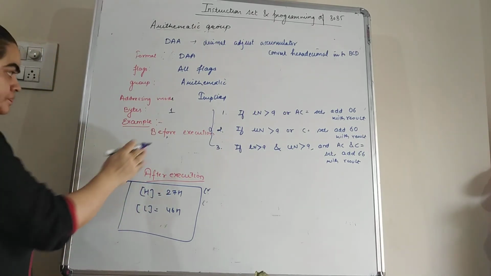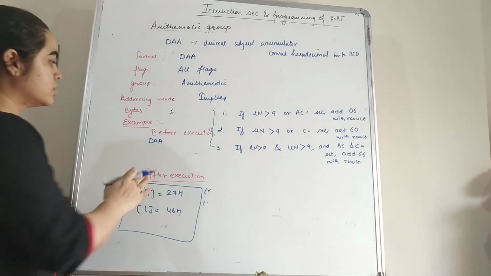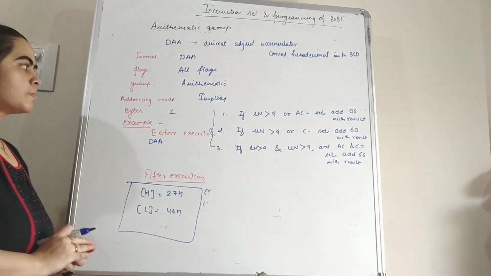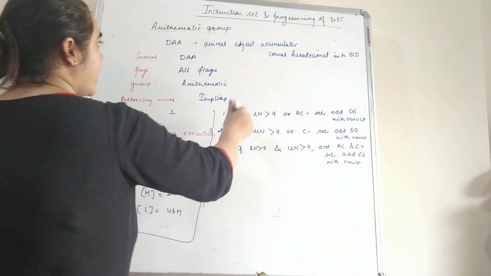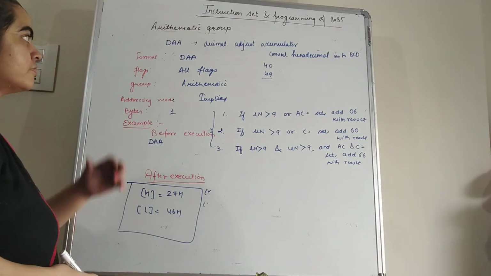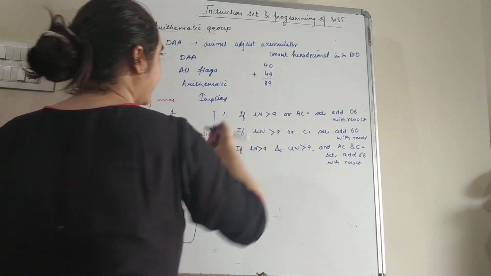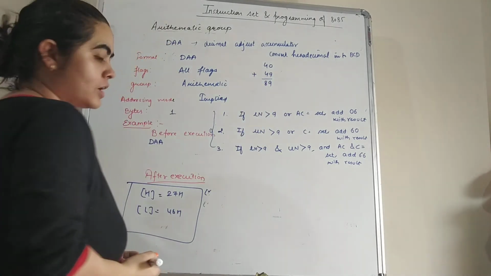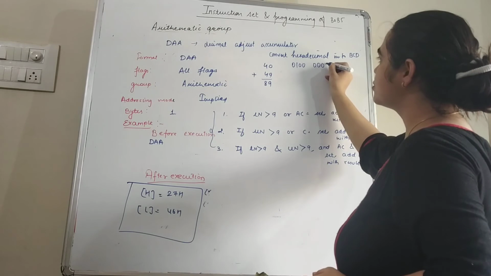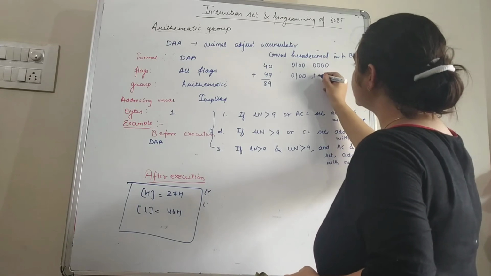Suppose we have the instruction DAA, which we apply after the result. Suppose we have 2 values, 40 and 49. If we calculate in hexadecimal, the addition of these 2 numbers is 89. 40H means 0100 0000, and 49 means 0100 1001.